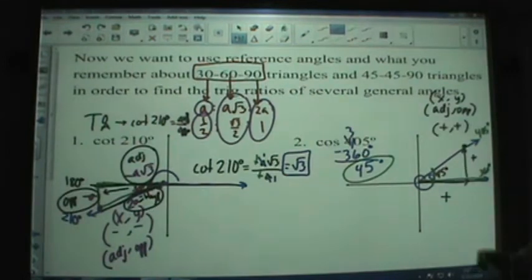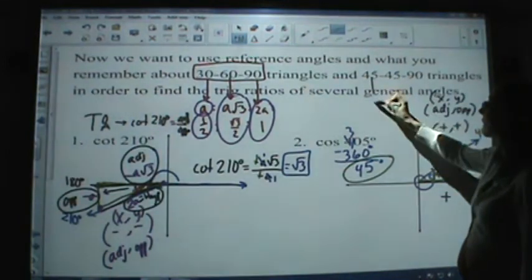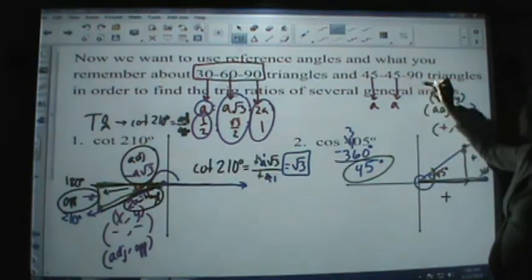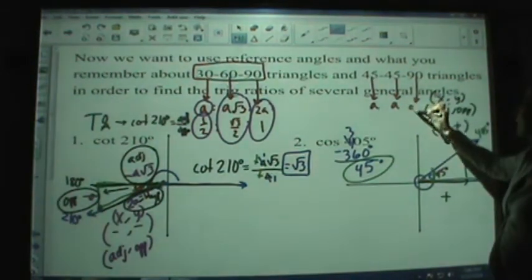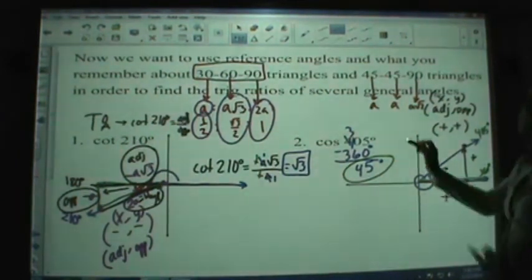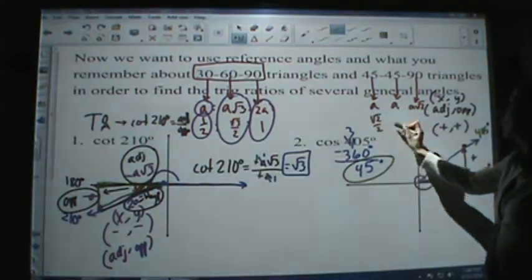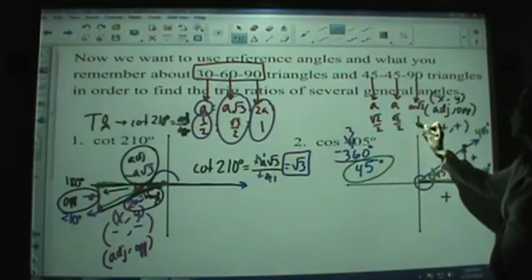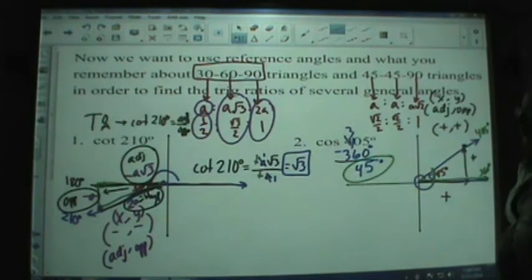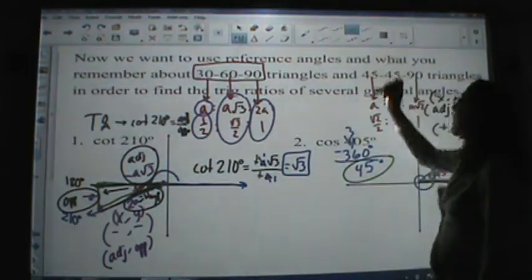Given a 45-degree angle, we're dealing with a 45, 45, 90. That's A equal sides across from equal angles. A root 2, what you get if you do the Pythagorean theorem on those guys. We can also say this is root 2 over 2, or root 2 over 2, and 1. Doesn't really matter. It won't matter ultimately.